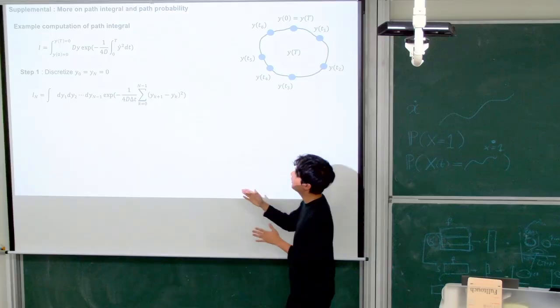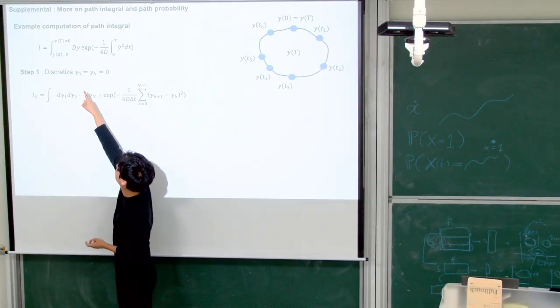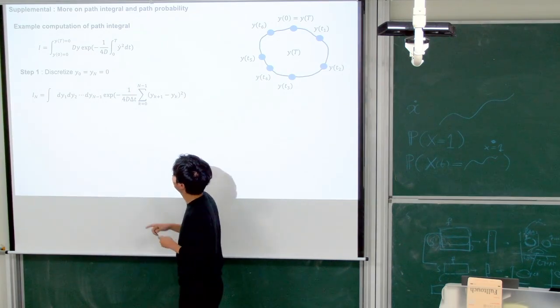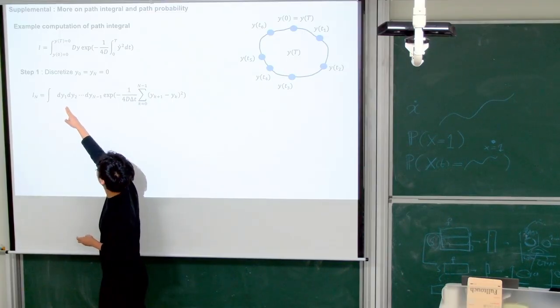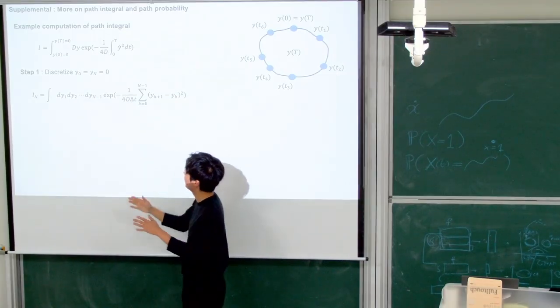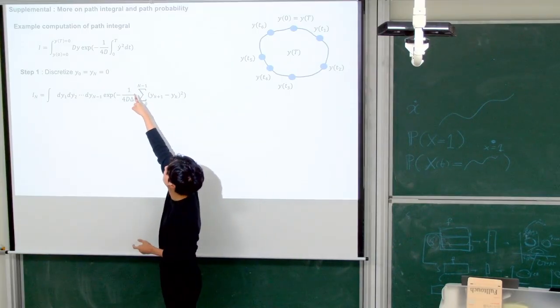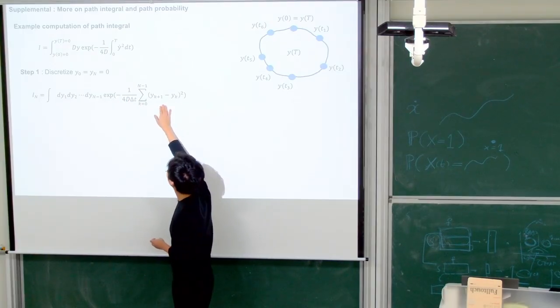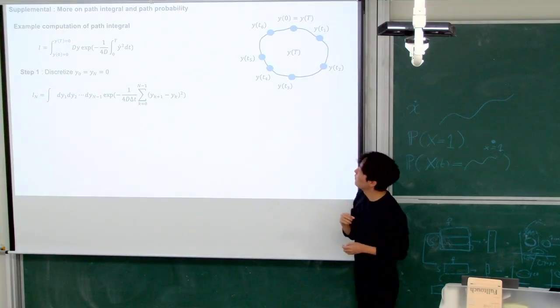You first discretize the path with the restriction of the initial and final value, and you obtain n instead of I, and you integrate over these n-1 variables, and you also have to discretize the term inside the integral, and it can be discretized as follows.